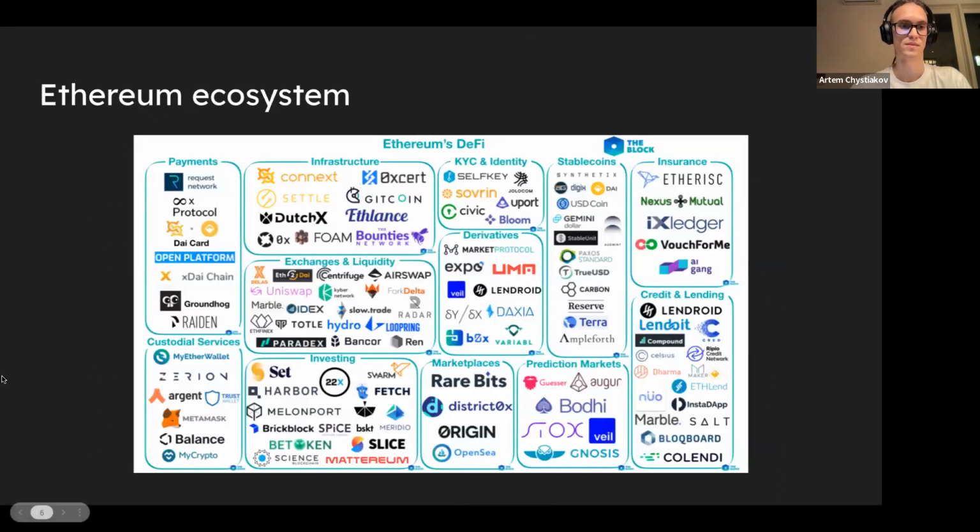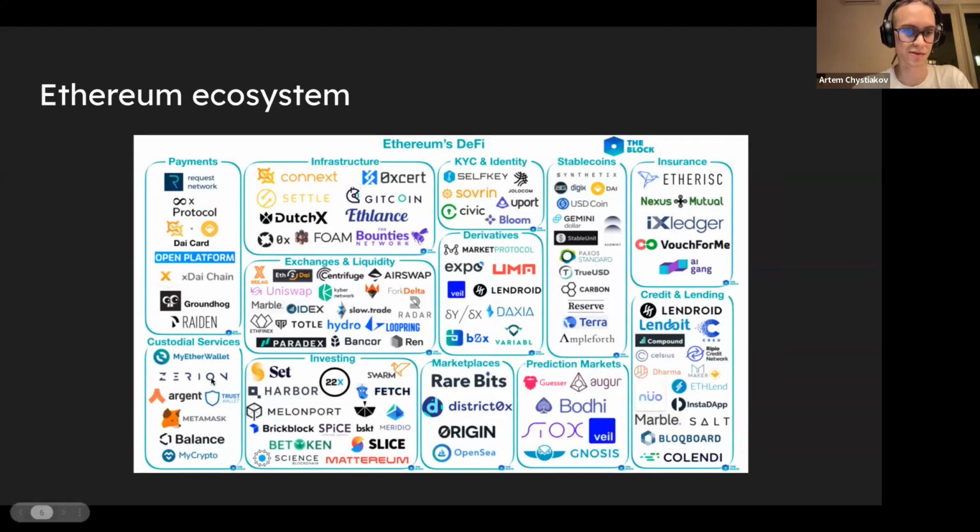Okay, then let's just quickly hover through the Ethereum ecosystem. I mentioned that it is a really rich on-chain and off-chain ecosystem. Here is the diagram. It is far from being complete. I don't know if it is even possible to plot every protocol, every project that is right now present on Ethereum. There are so many of them.